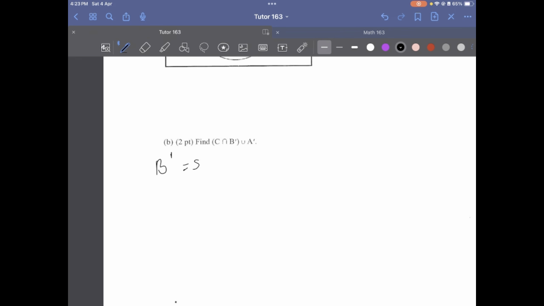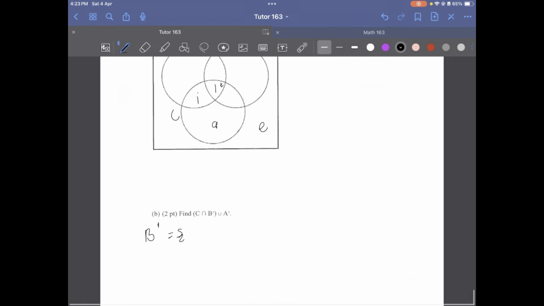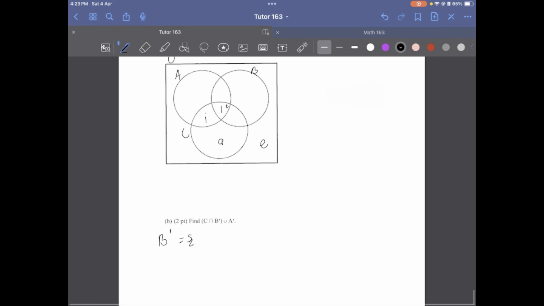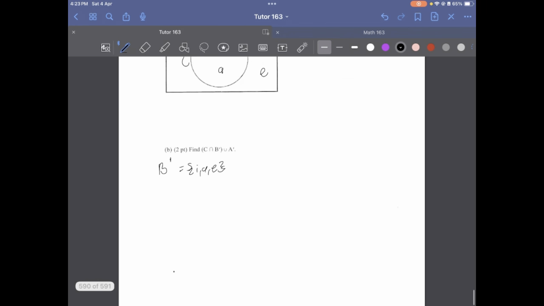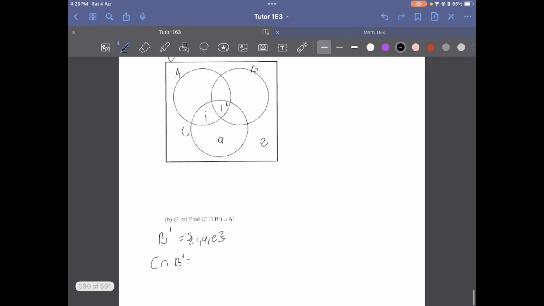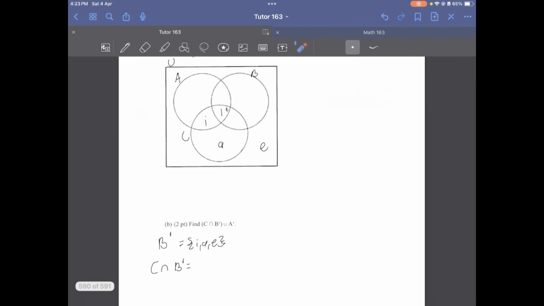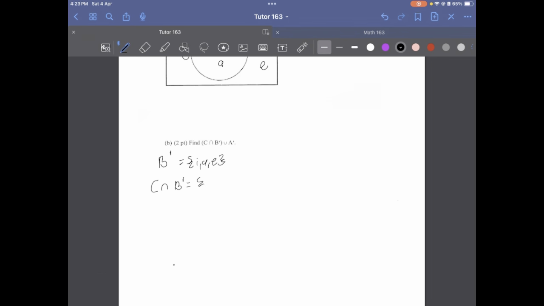And everything outside of B is I, A, and E, right? So now C intersection with B complement. So where does C intersect with B complement? Where do they share the same things? So inside C is A and I. Inside B complement is, again, A and I. So C intersection B complement is I, A.